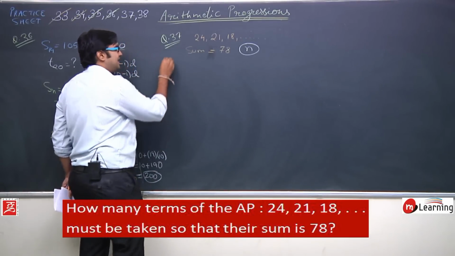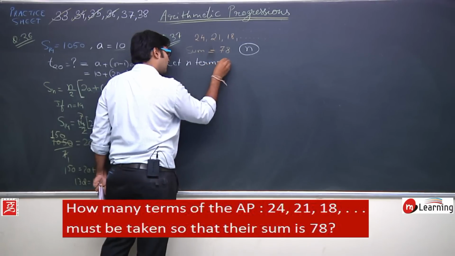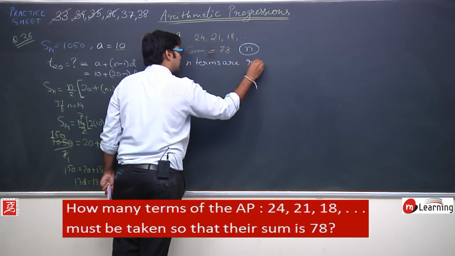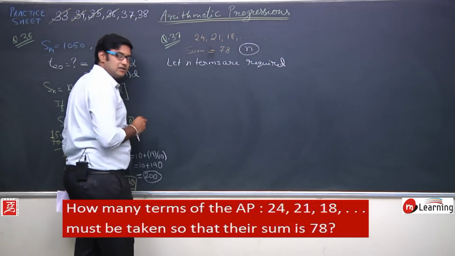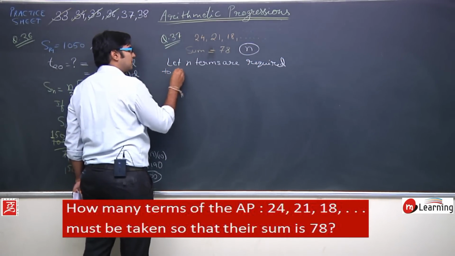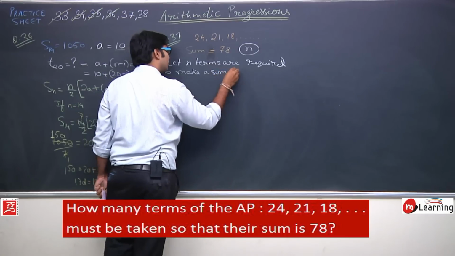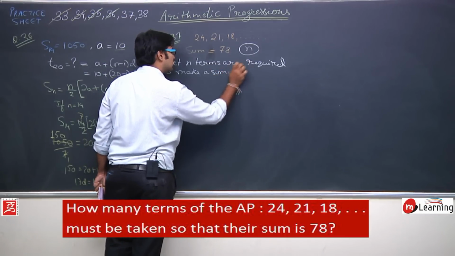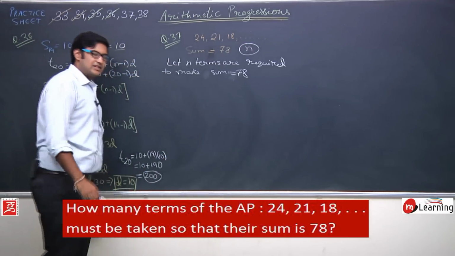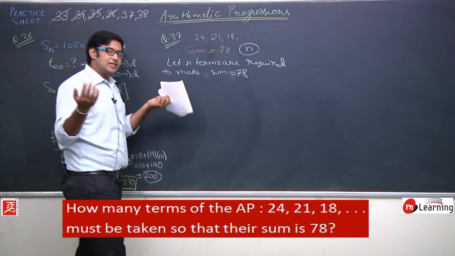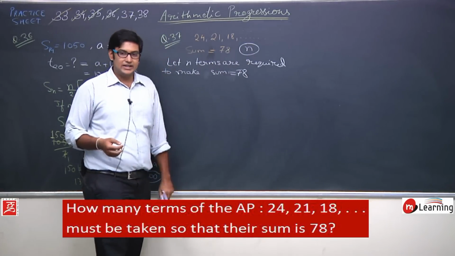So I will say let n terms be required to make a sum equal to 78. This is what I have assumed. I have assumed that n terms are required to make a sum of 78.